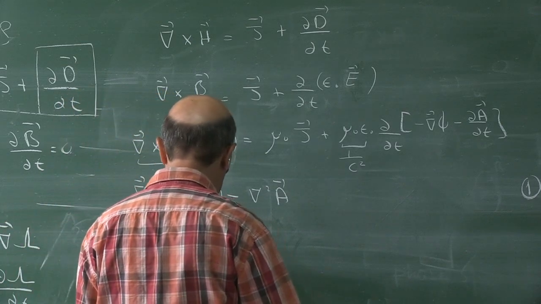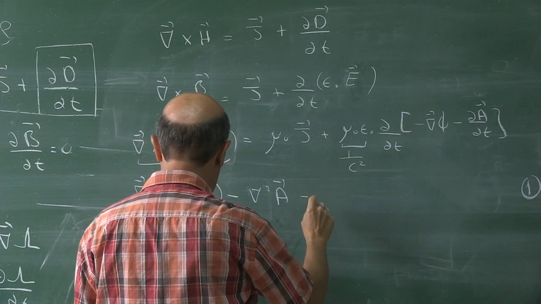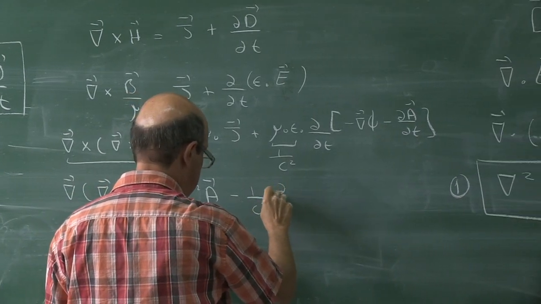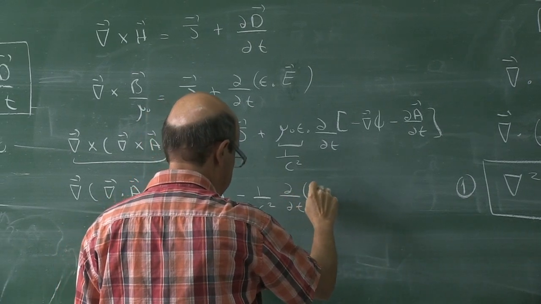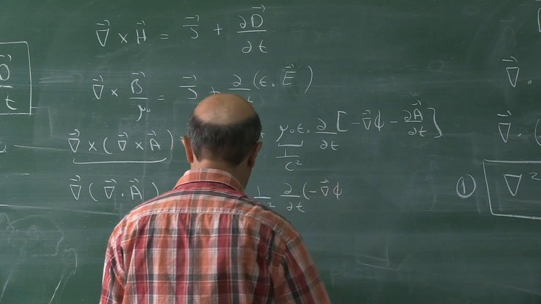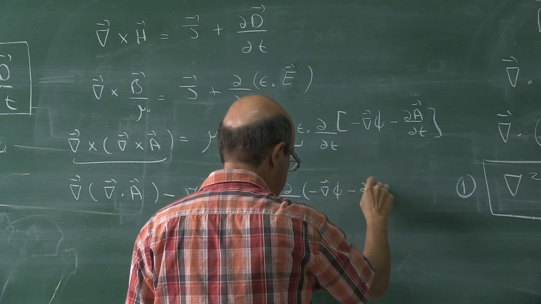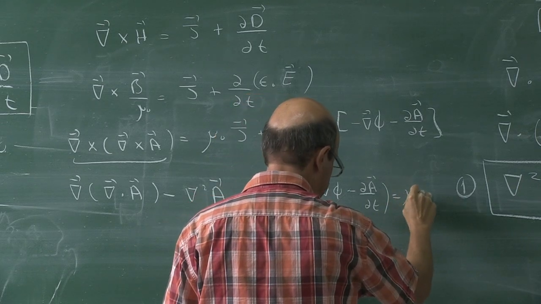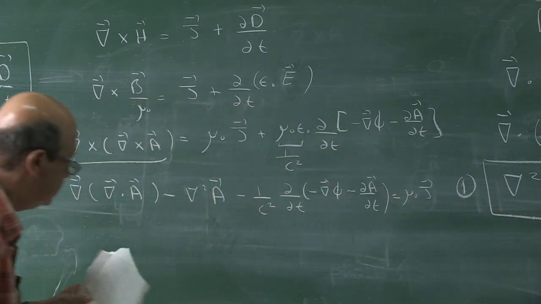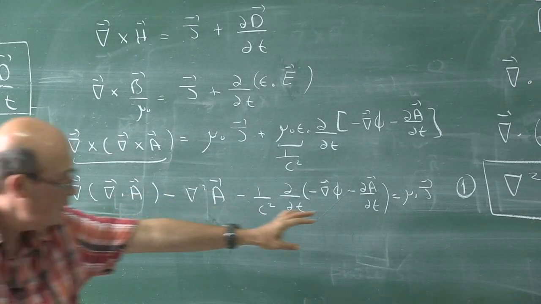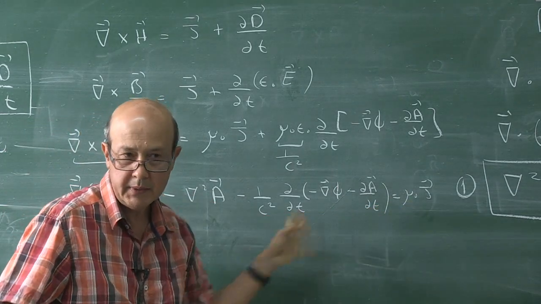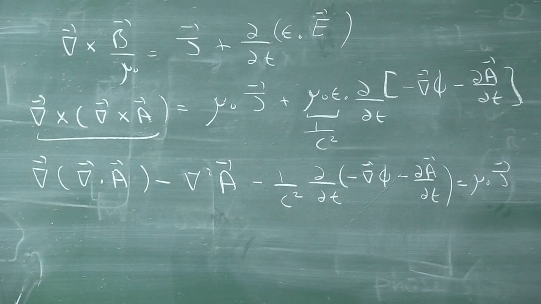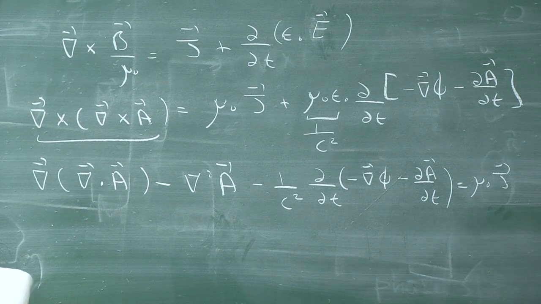So the things will be the following: minus 1 over c square del over del T of minus gradient of V minus del A over del T is equal to mu 0 current density. I left the current density on the right and picked up the things to the left. With some organization, put this equation into the following form.